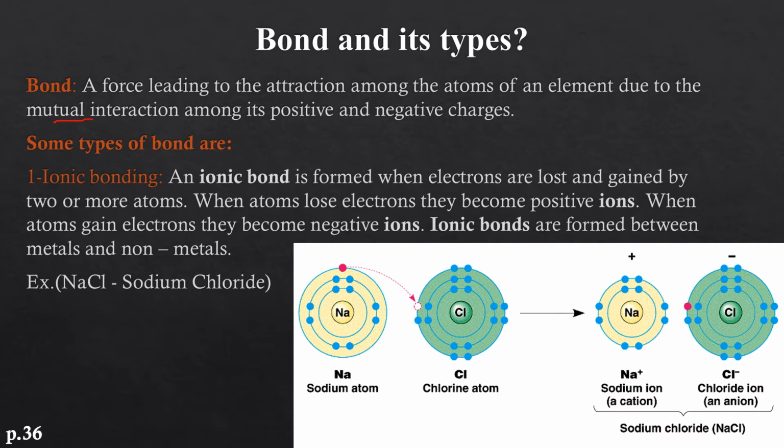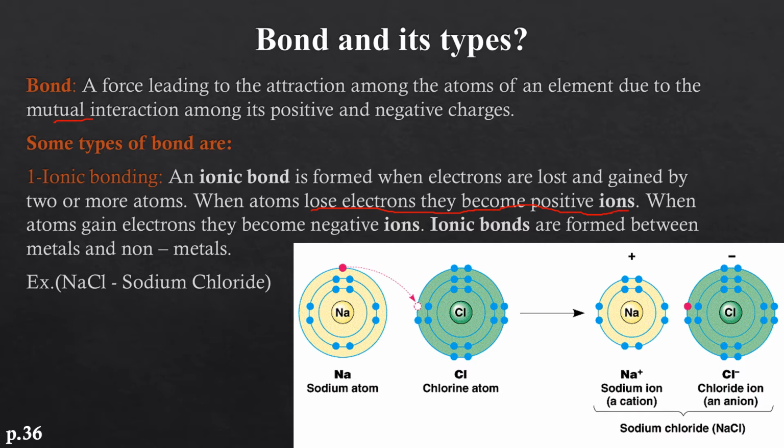Some types of bond are ionic bonding. An ionic bond is formed when electrons are lost and gained by two or more atoms. When atoms lose electrons, they become positive ions.